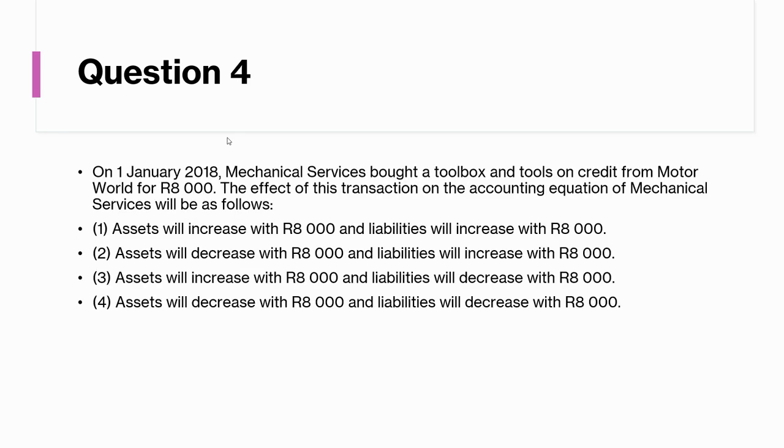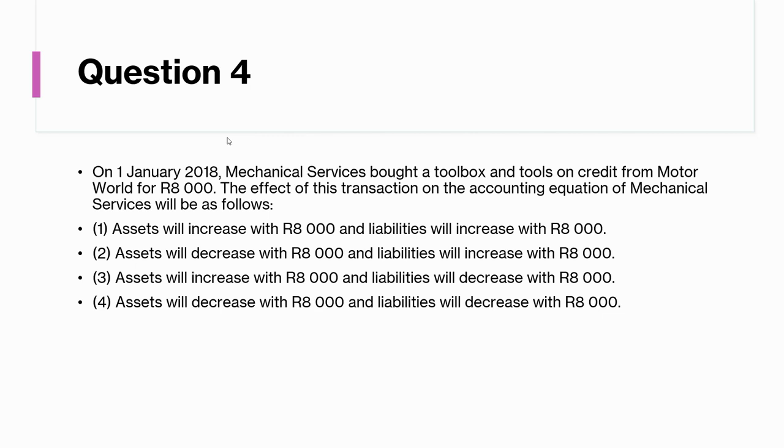On 1 January 2018, Mechanical Services bought a toolbox and tools on credit from Motor World for 8,000. The effect of these transactions on the accounting equation of Mechanical Services will be as follows.